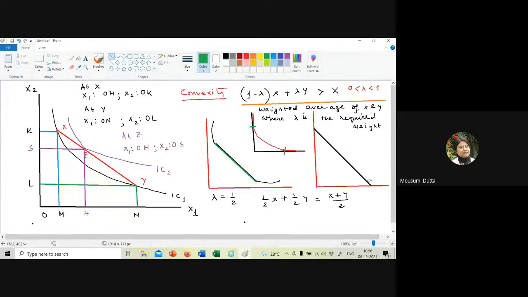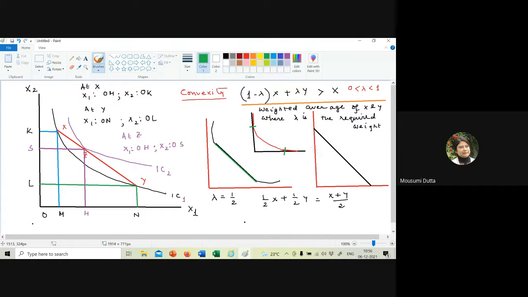Finally, if I consider a straight line like this, a straight line is both weakly convex and weakly concave. Do you know this? Yes, ma'am. Yes, sir.